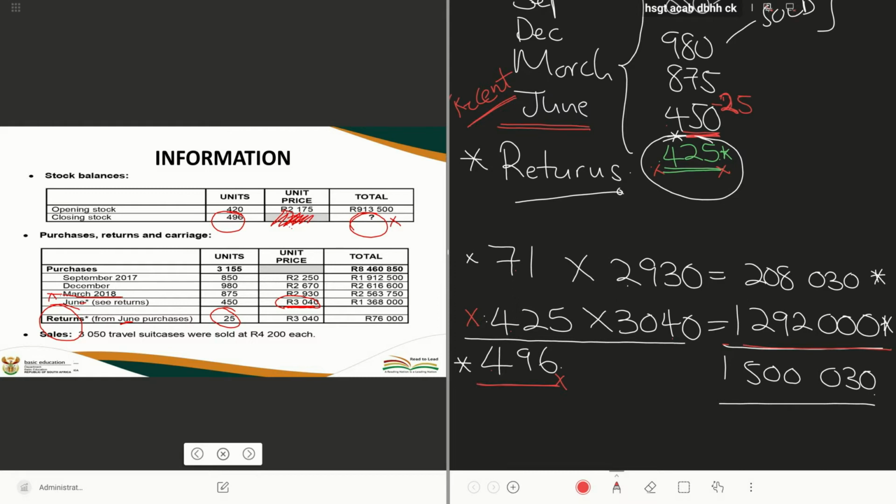I look in the next month, which is March. In March, all the other units were sold, but 71 was not sold. So I would say 71 multiplied by the cost per unit, which is 2,930. Once you punch this in your calculator, you get your 208,030. Then you simply add this to the first amount, and it gives you your value of closing stock.